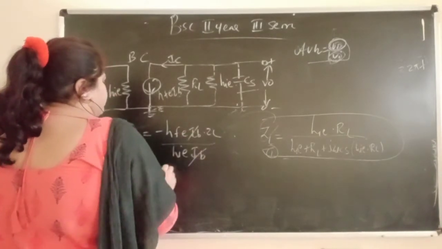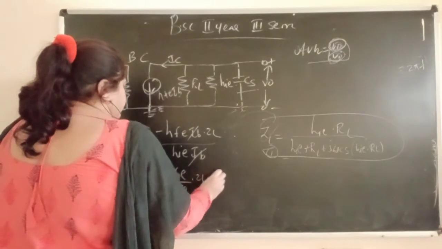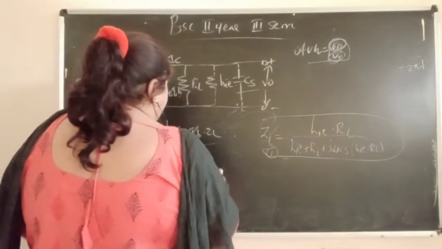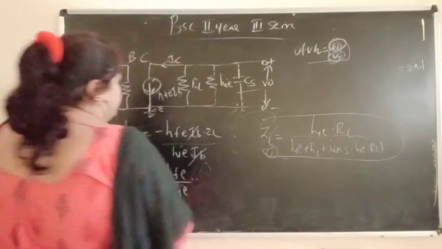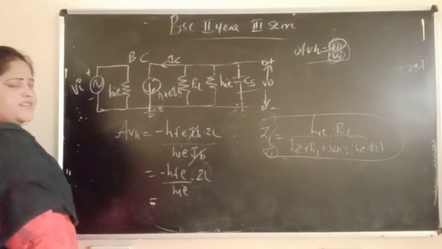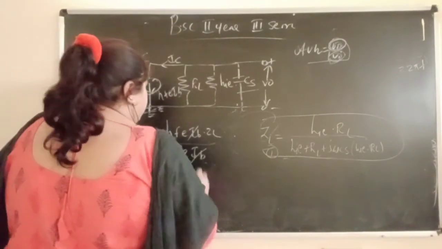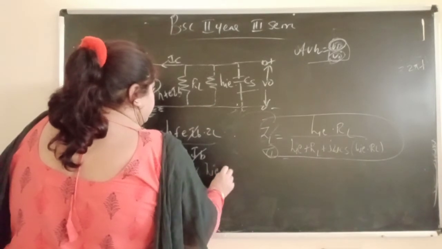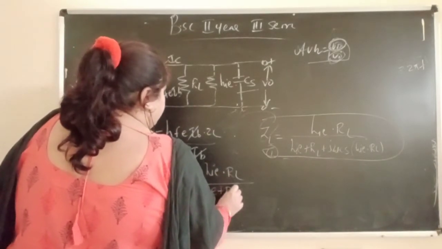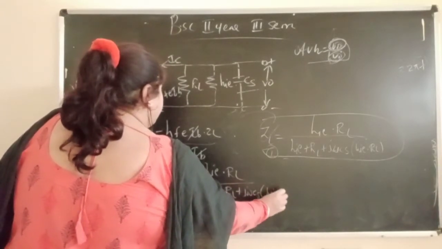IB cancels, giving minus HFE by HIE into ZL. Now we substitute the ZL value: HIE into RL by (HIE plus RL) plus j omega CS into HIE into RL.